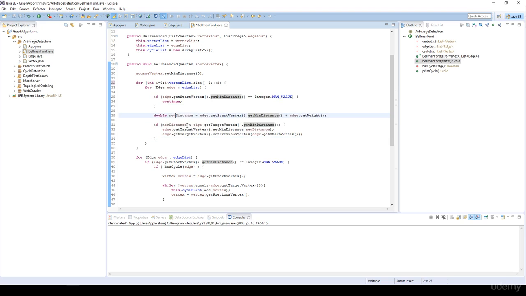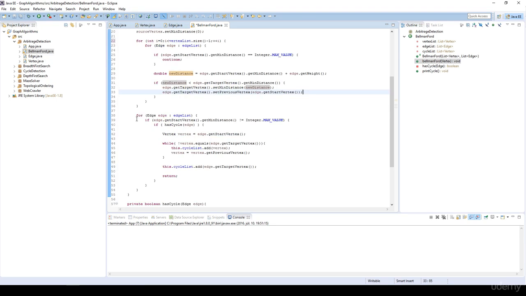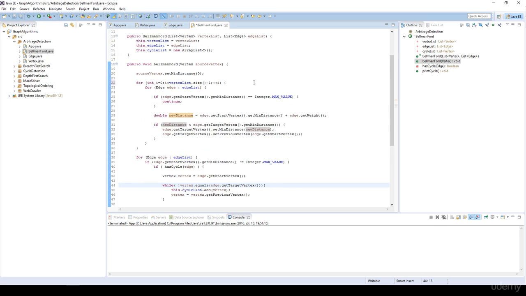So maybe the new distance is a bit better than the previous distance, and that's why we have to update. So set the min distance to the new distance, and we have to set the previous vertex, so basically update the predecessor.